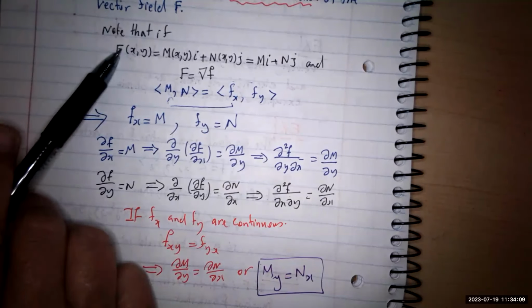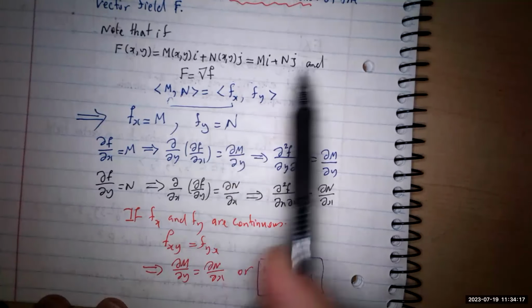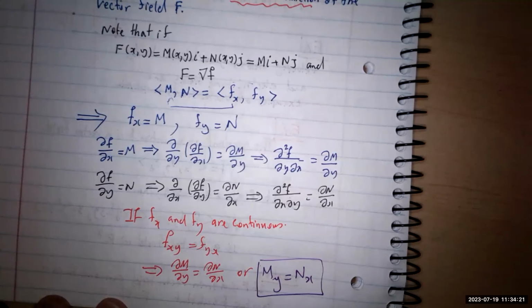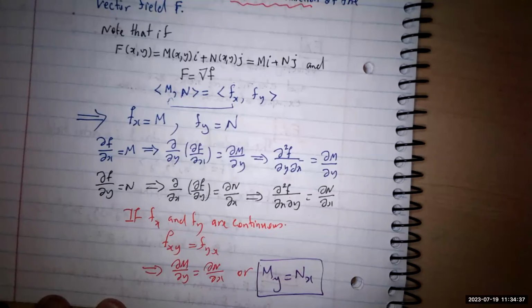If you have done differential equations, remember a differential equation of the form m dx plus n dy equals 0. That differential equation is exact if this condition is satisfied, and it is related to what we did over here. So that will help you connect a little bit, but they borrowed it from here, a more general case.